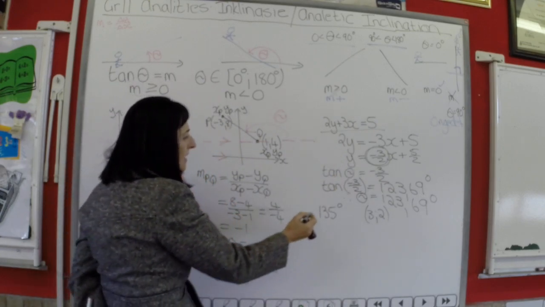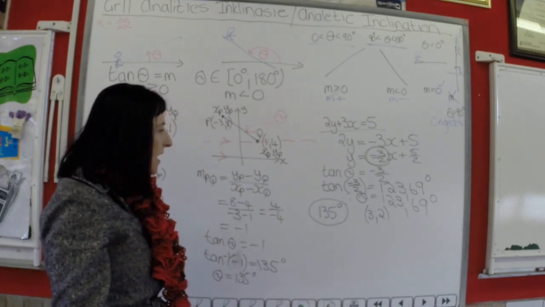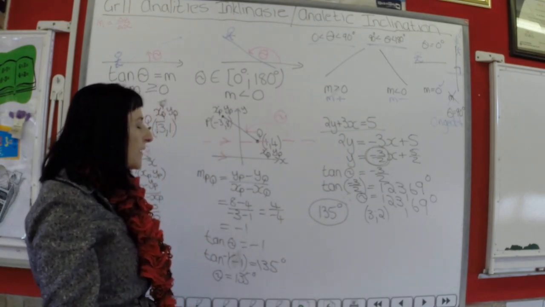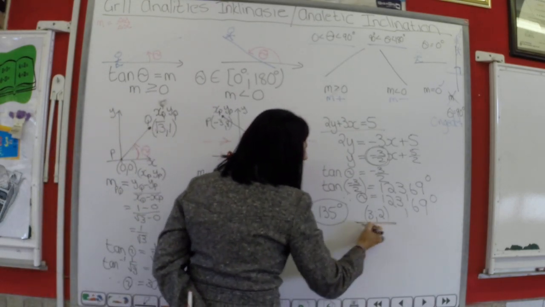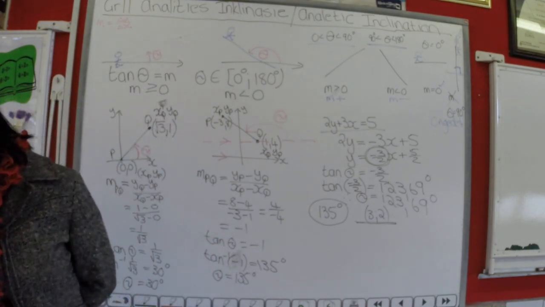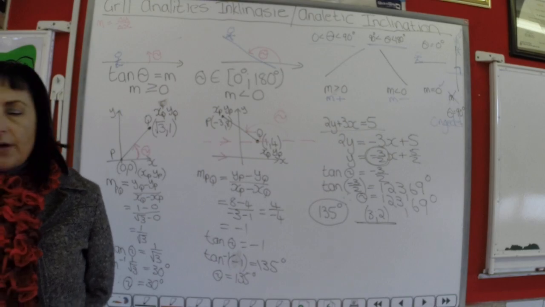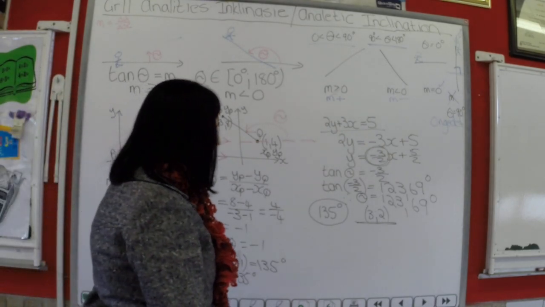Next question is, if the inclination angle is 135 degrees, as die inklinasiehoek 135 grade groot is, en 'n reguit lyn gaan deur die punt 3, 2. Get the equation of the line. Kry die vergelyking van die lyn.